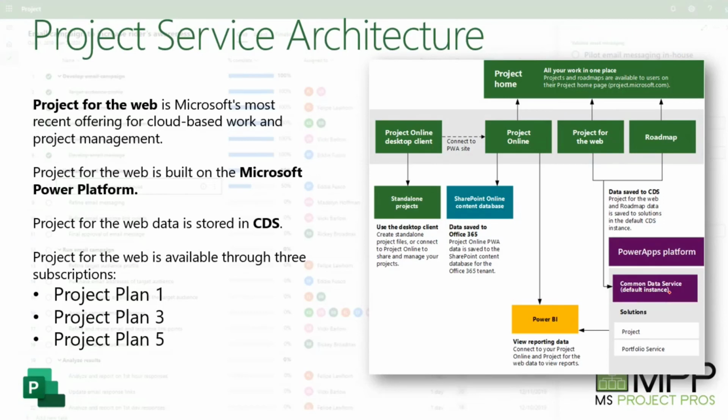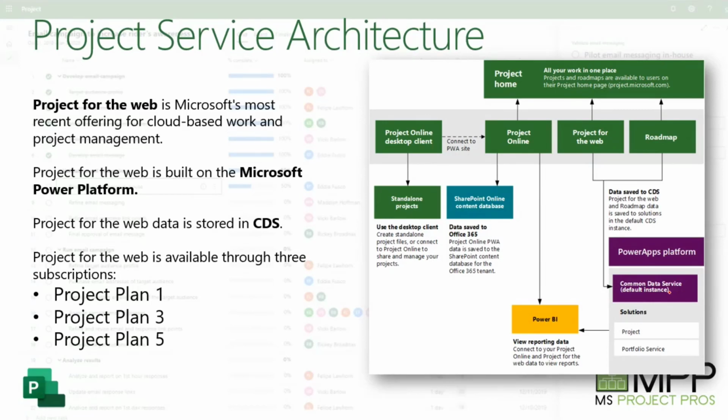So if you were looking at, well, what's the big compelling reason? Why am I looking at this Common Data Service? Why can't we just continue to use SharePoint Online content databases? We could, but there are some limitations, and there have been some limitations within Project Online as it relates to being able to extend the capabilities of all of the different custom fields that we're managing.